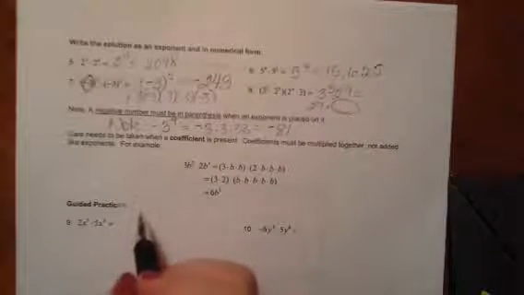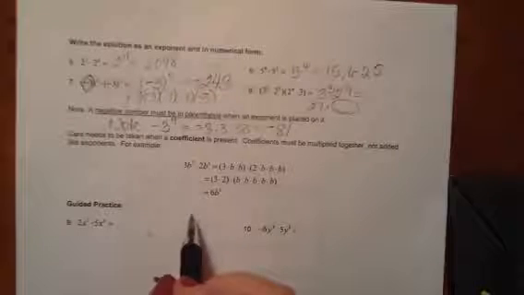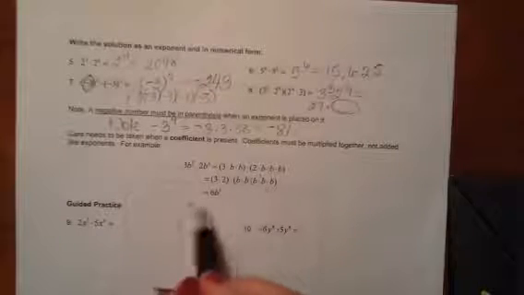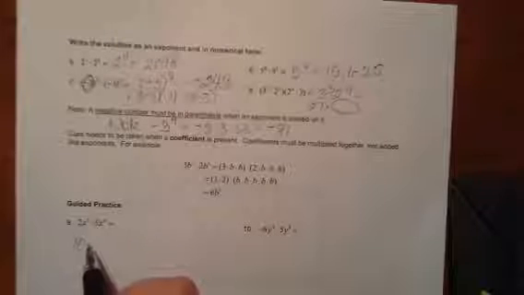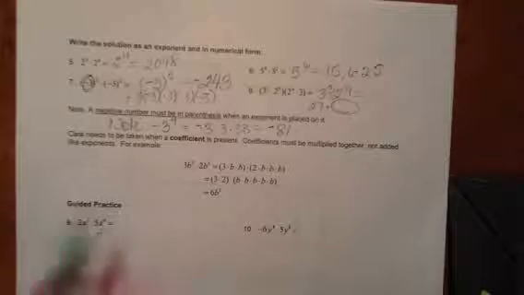So let's look down here at the bottom. When we have the guided practice, we have the sum of each part. So that one's going to be 10x to the 7th. So try number 10, and then I'll put the answer up there.